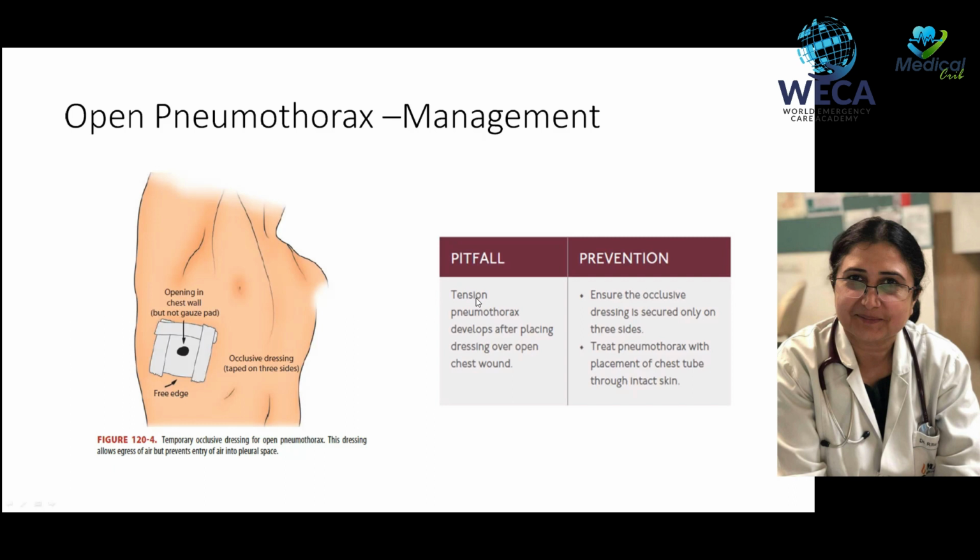If we cover this occlusive dressing on all four sides, there is a possibility of developing a tension pneumothorax. So ensure the occlusive dressing is secured only on 3 sides, and treat the pneumothorax with placement of a chest tube through intact skin.